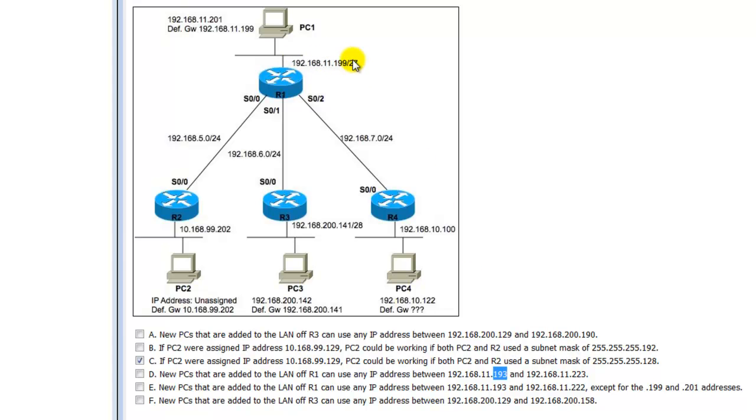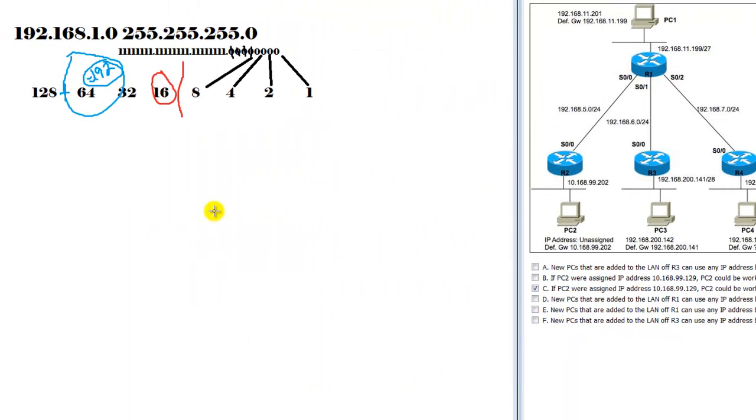So D goes up by 32. So your address here would be, because 27, the 27th bit, so 25, let's change that, 26, 27, and the subnet mask is 27, so again, goes up by 32.